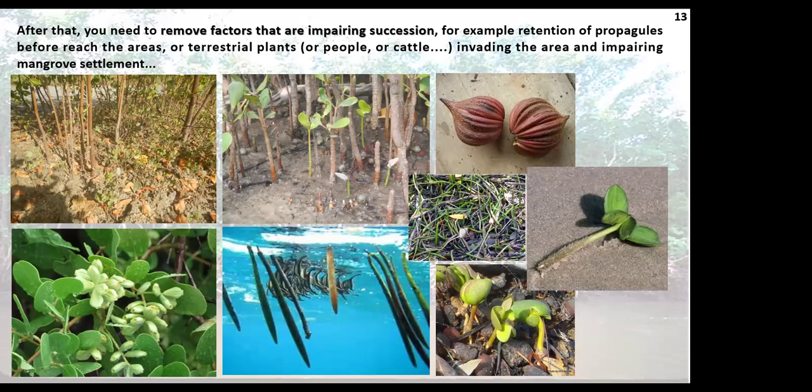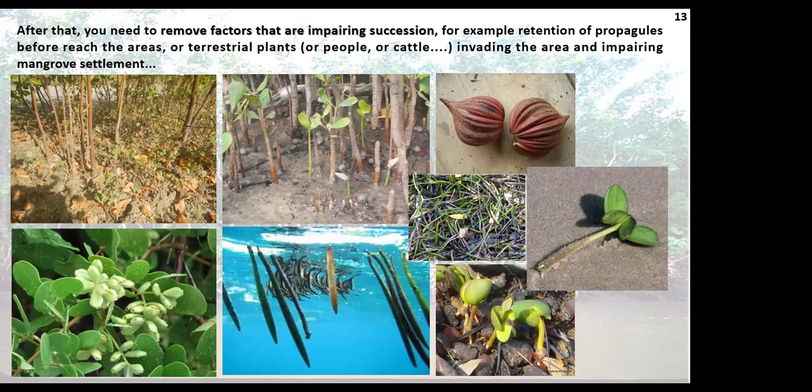Here you can see Rhizophora mangle propagules floating in the water. On another plant on the left, you see Laguncularia propagules, and small Laguncularia propagules that are very small, very fragile.